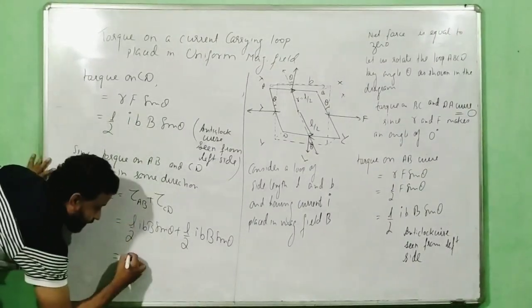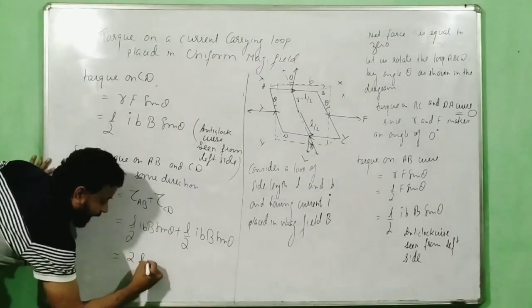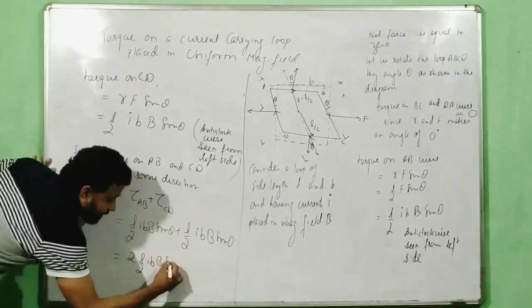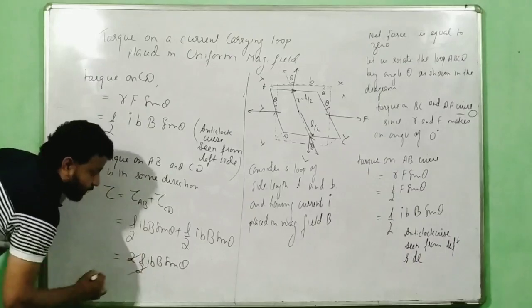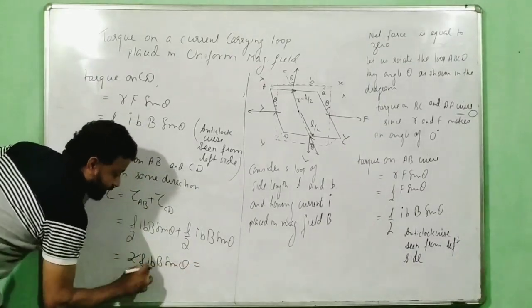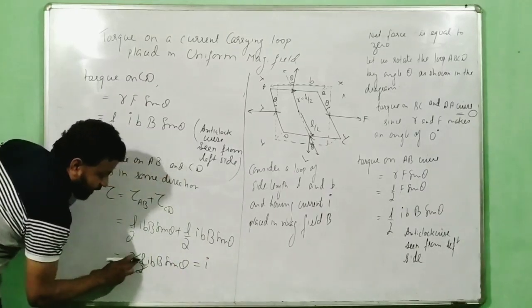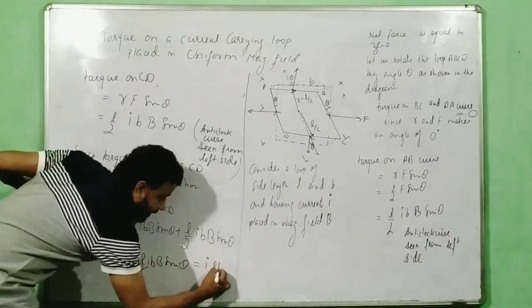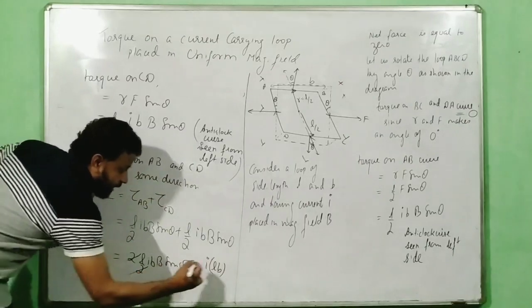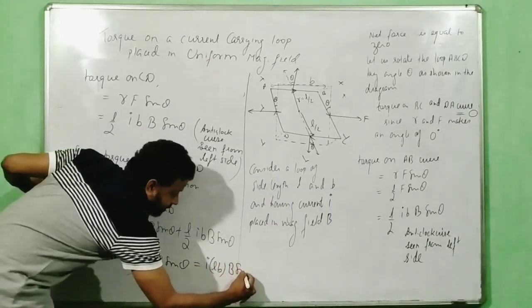Or we can write like this, 2L by 2 I B B sin theta. So 2 gets cancelled out. Now here there is a trick, okay? So you will write this one as I first, and now write length and breadth together, and then you write B sin theta.